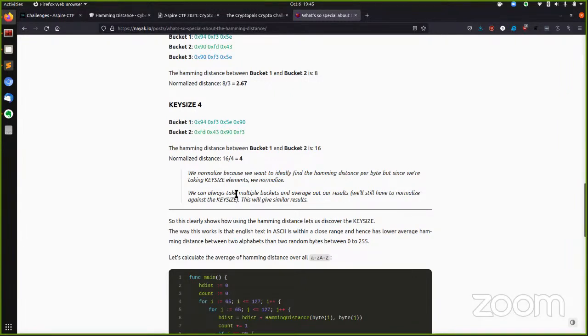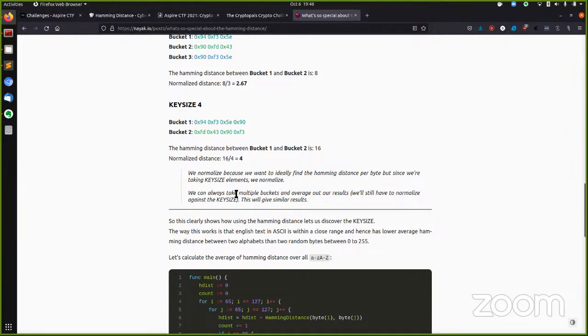But the thing is, if we XOR 2 data sets of the English language, we expect the Hamming distance between them to be very low, because the English data set has commonly used characters that are within a very short range. They aren't that random.